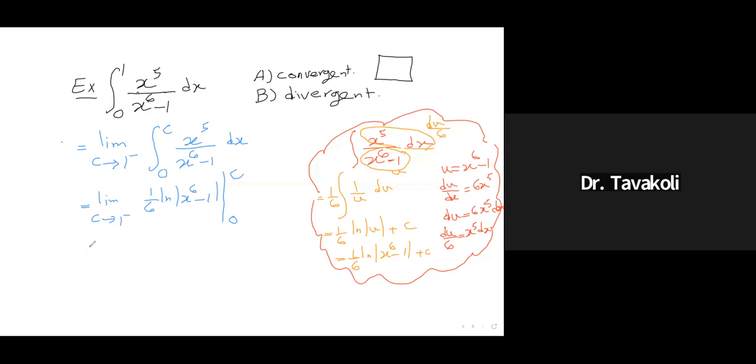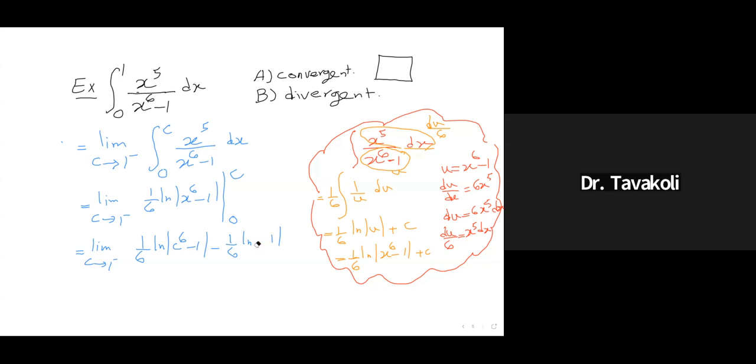Okay, now before applying the limit, I should evaluate this function, 1 over 6 times ln of absolute value of x to the 6 minus 1, at c, which becomes 1 over 6 ln of absolute value of c to the 6 minus 1, minus the evaluation at 0, which is 1 over 6 ln of absolute value of 0 to the power of 6 is 0, 0 minus 1 is minus 1, and absolute value of minus 1 is just plus 1.